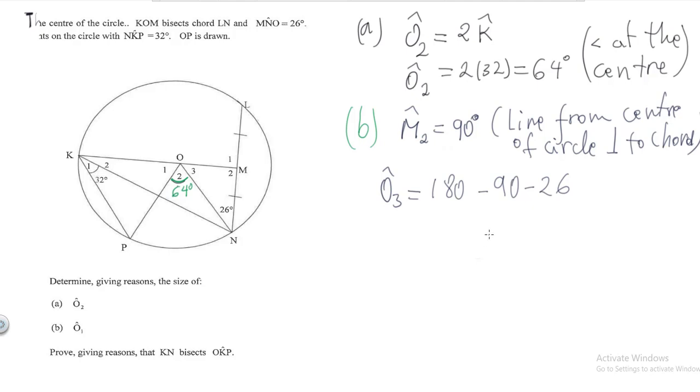So that will give us what? Will give us 64. So we say O3 is equal to 64.